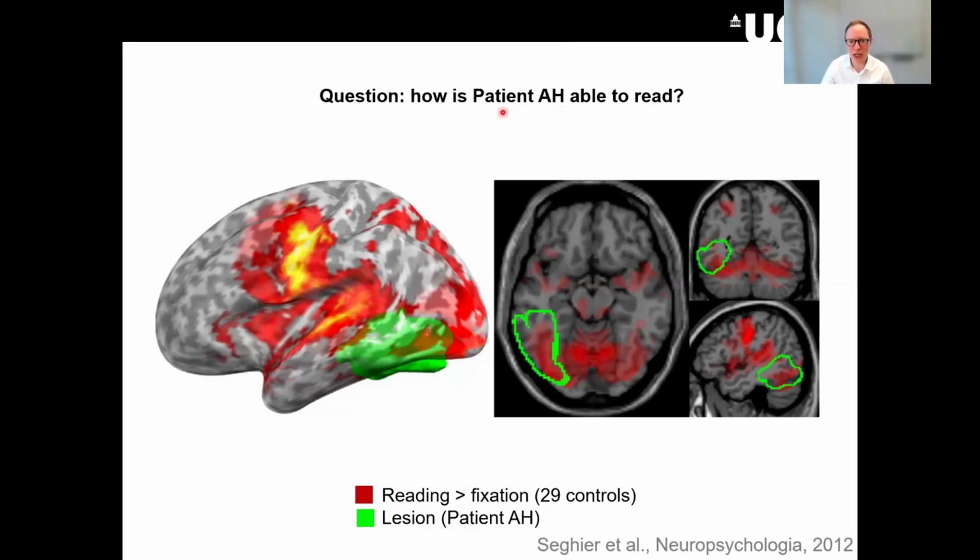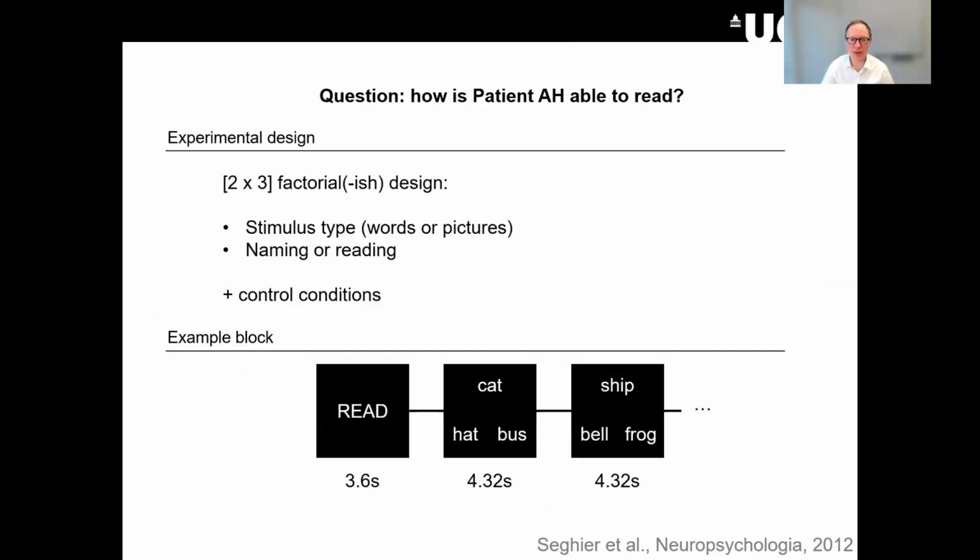And the question was, how was patient AH still able to read despite that lesion? What you're seeing here in red are the parts of the brain that were more activated in controls. There's quite a big language network, but quite a large area of that part where the lesion occurred was lost by this patient in their stroke. So how was she still able to read?